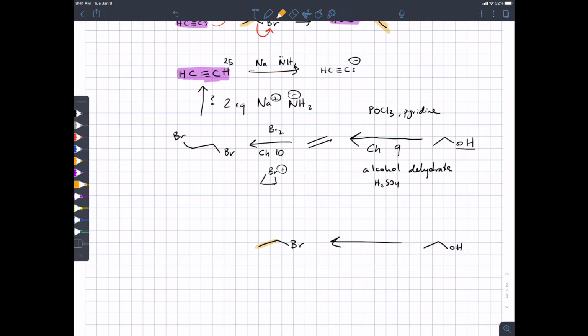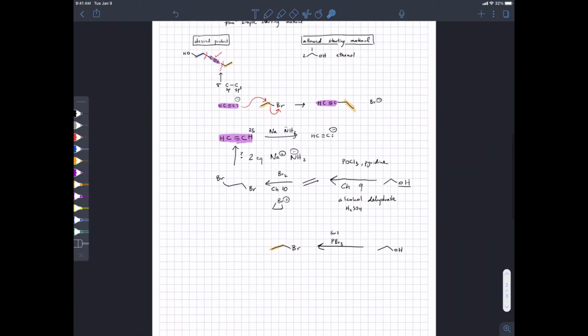Would it be just like an SN1 or 2? Right, you'd want some kind of substitution reaction, like an SN2 reaction. PBr3 is a great reagent for that. That converts the OH into a good leaving group, and then Br minus comes in from the back and attacks to give you the bromide. So now we've got that section, and we know how to get here.